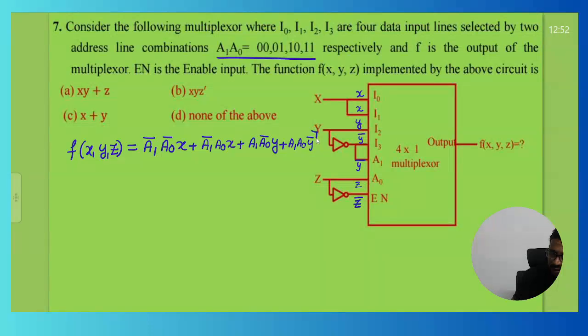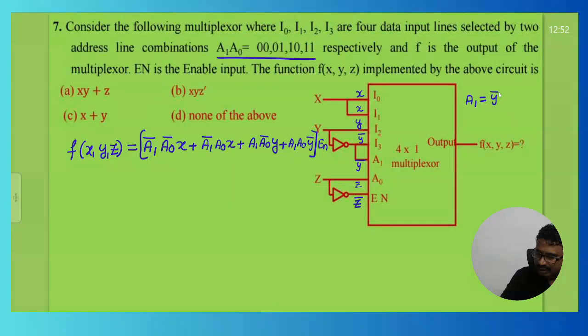The whole thing is multiplied by enable.